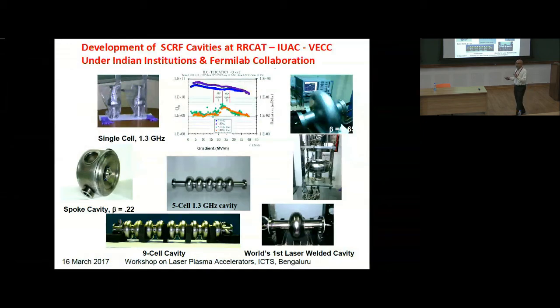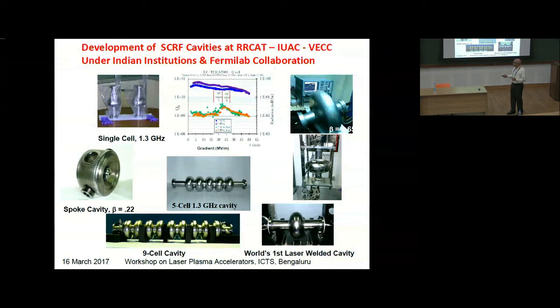The acceptance figure for the ILC, the Fermilab collaboration, was 31 megavolts per meter. And our very first two cavities went up to 35 and 38 megavolts per meter. So we are at par with the rest of the world in making these cavities. Then we made these spoke cavities, beta 0.22.